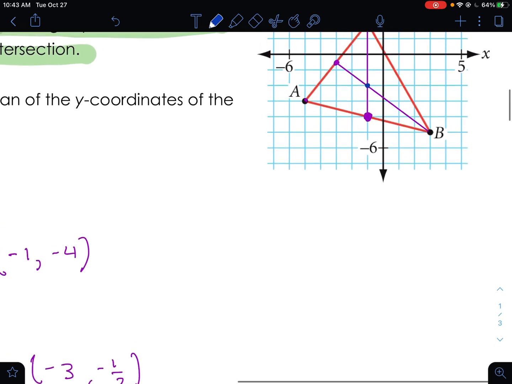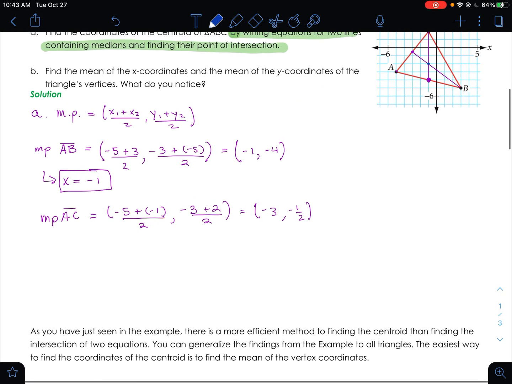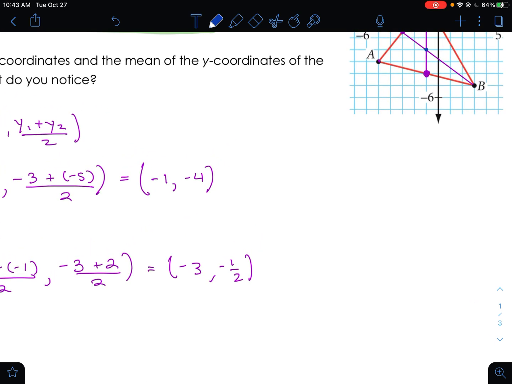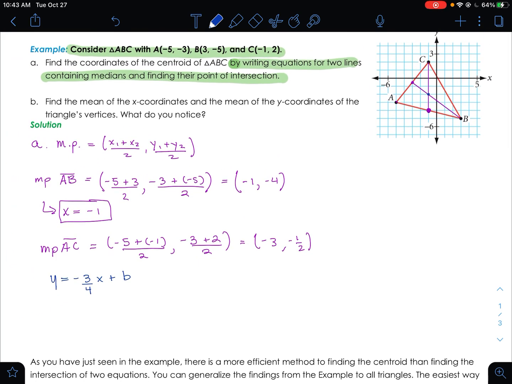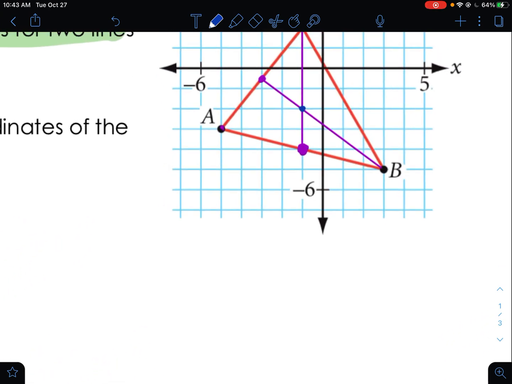So the slope for that line, that median we just drew in from AC to B, would be negative 3/4. So we have y equals negative 3/4 x plus b. We need to find out what our y-intercept is, so we plug in a coordinate that we have.